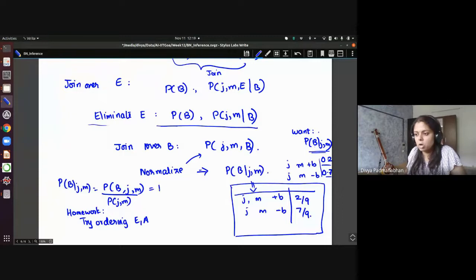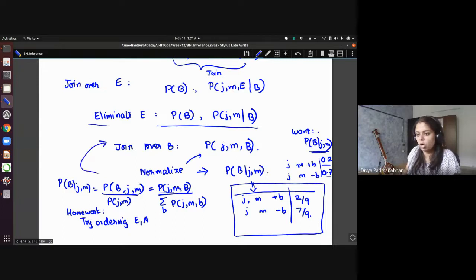So you wanted some way to get P of B given JM from these factors. Essentially you're using the definition of conditional probability. P of B given JM is P of B, J and M divided by the probability of JM. The numerator you can just write as such. Now the denominator is the sum over all possible values of B of P of J, M and B. So you needed a new factor with this, and that's the reason we did this join.